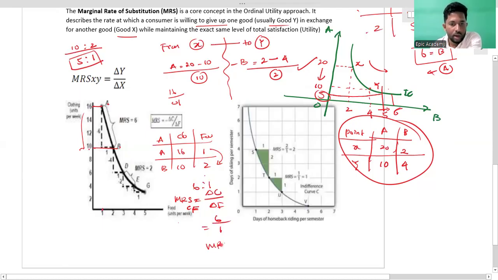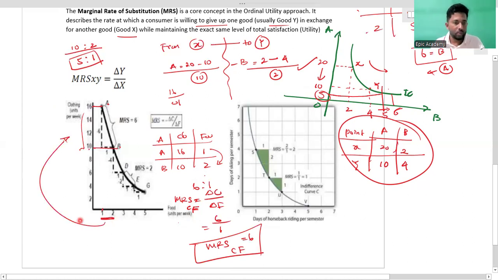So MRSCF equals 6. That means for one unit increase of food, you have to sacrifice 6 units of clothing. For 6 units of clothing, you can substitute 1 unit of food. That's the ability in here.